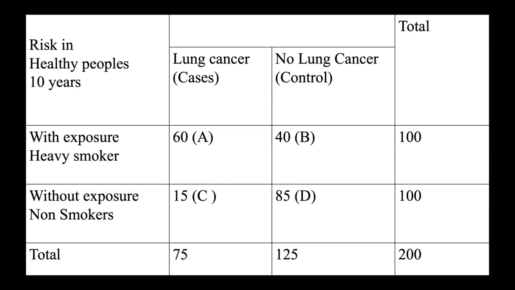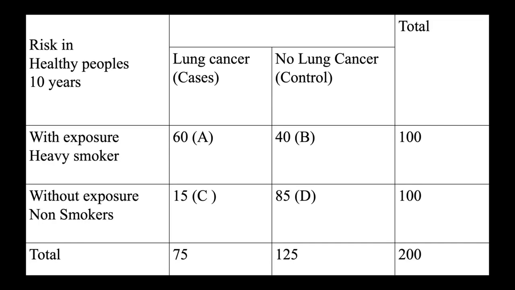Suppose this is another example of risk. Risk in healthy people over 10 years, lung cancer and no lung cancer, then you control. With exposure to heavy smoking, there are 60 cases and 40 with no lung cancer. The total is 100.